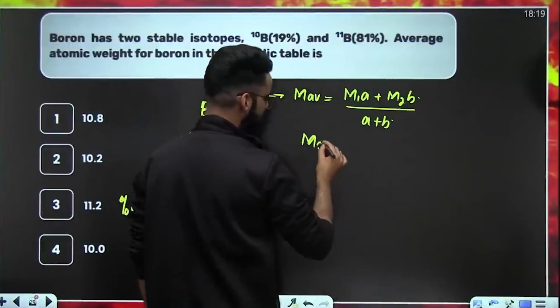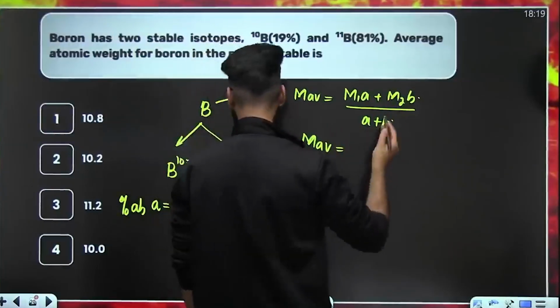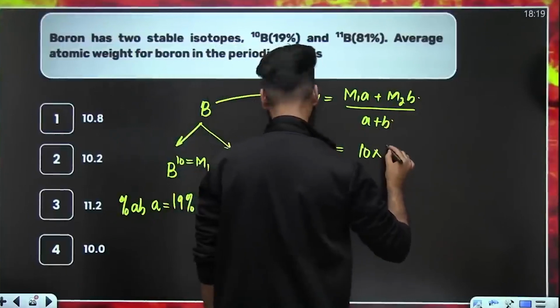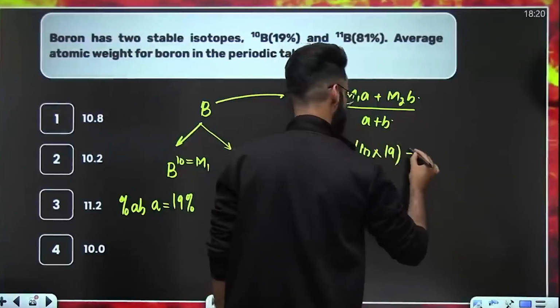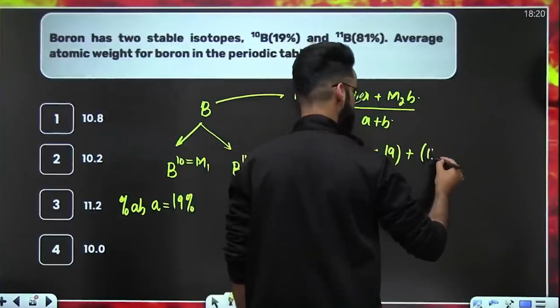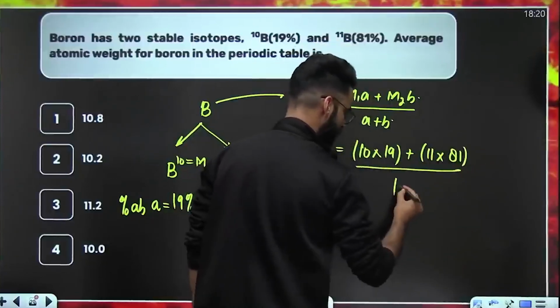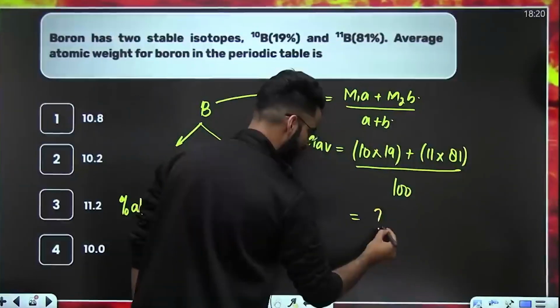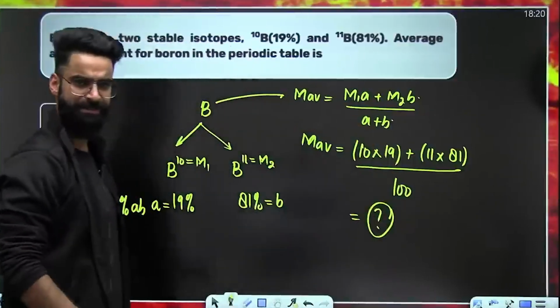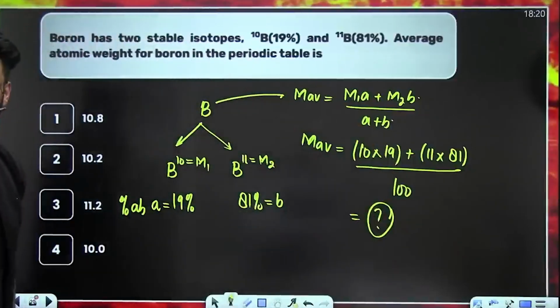M1 is 10, A value is 19, M2 value is 11, B value is 81, divided by A plus B, which is always 100. Just a matter of calculation to get the final answer.